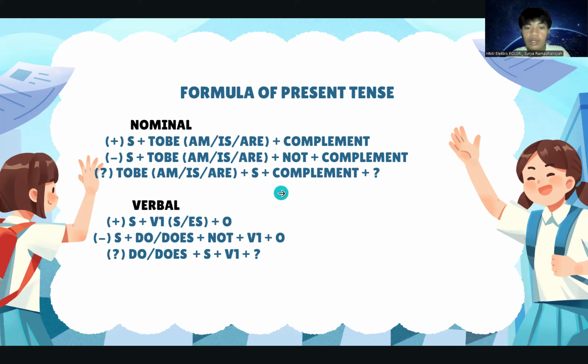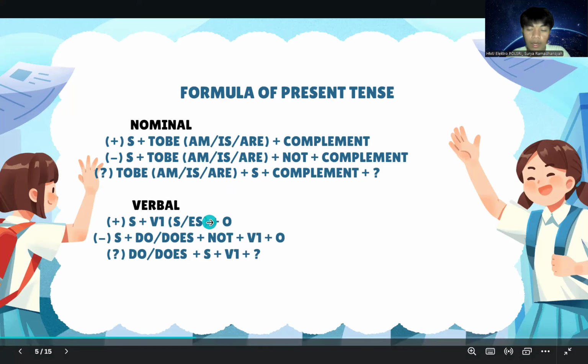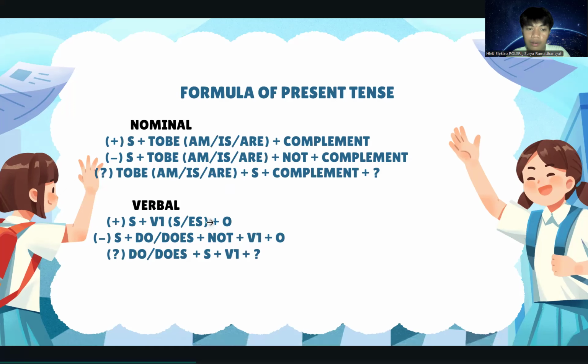Usually we use the s on a general verb, but sometimes we use the es on some verbs. Example is match. We use match with es, and many examples are there. Next.